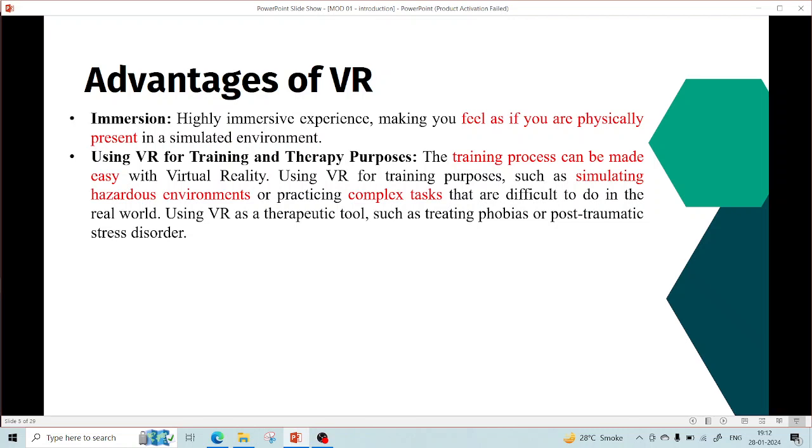VR can also be used for therapy, for treating patients with phobias or post-traumatic stress disorders, all those medical applications. If you can create such environments, it is very helpful in training new skills or complex skills for which creating the infrastructure is not easily possible.